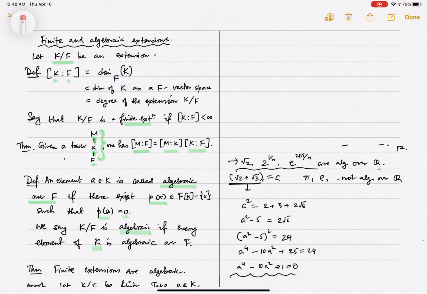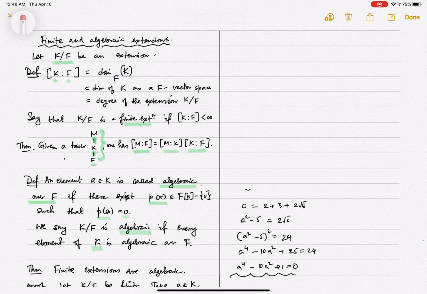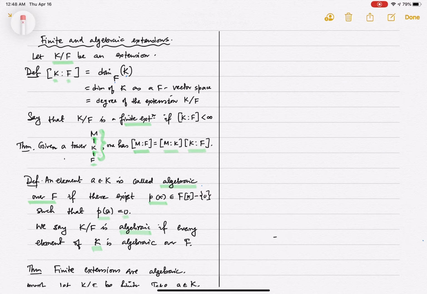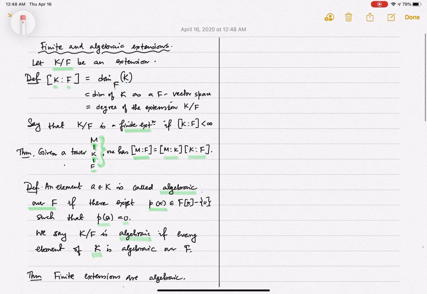Let's say I have an algebraic extension and you just take one element in there. And you look at the field that you get by adding just this one element. So these are sort of the simplest kind of algebraic extensions.